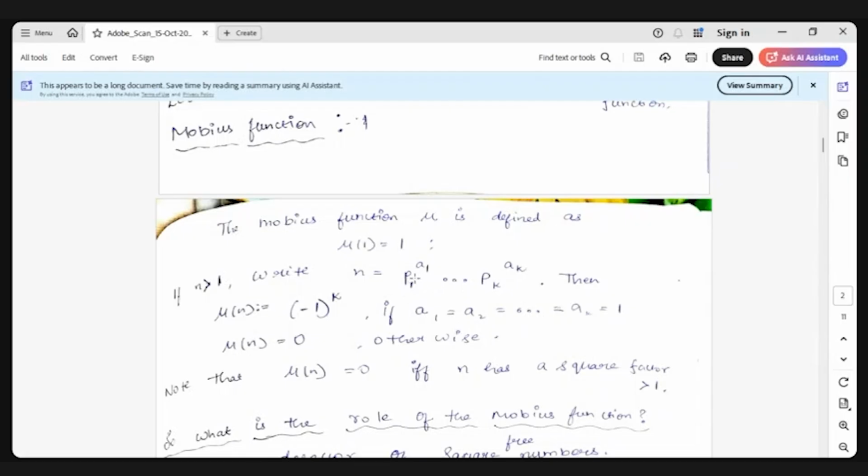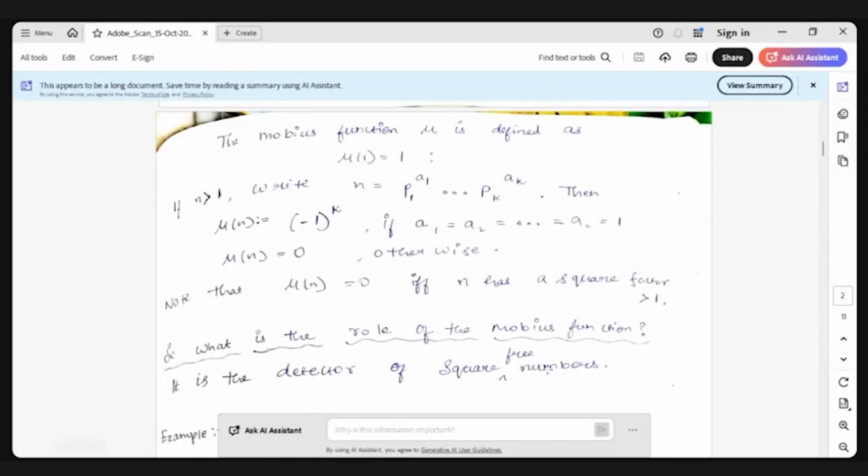What if any of the a_i is greater than 1? Then mu of n becomes 0. So what is the role of this Mobius function? It behaves as the detector of square free numbers. Whenever we have a square free number, we have a non-zero mu of n value.